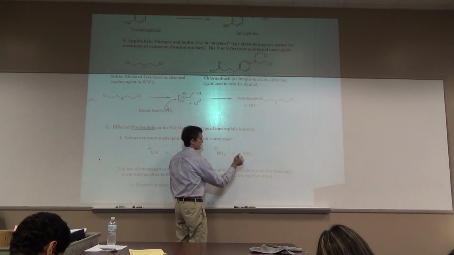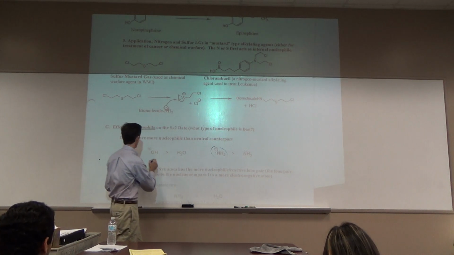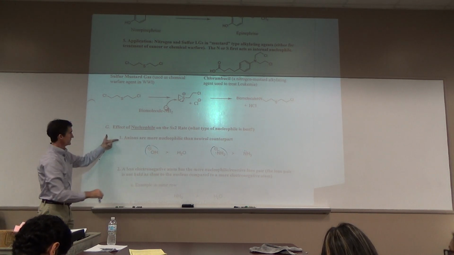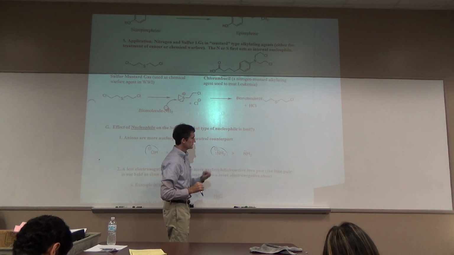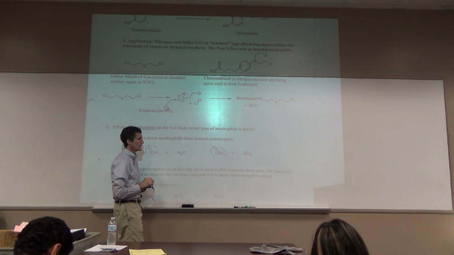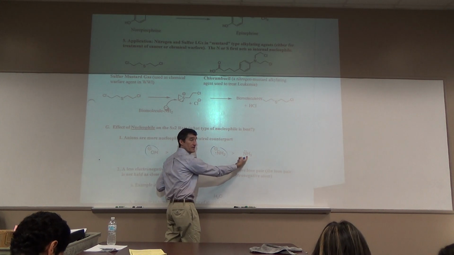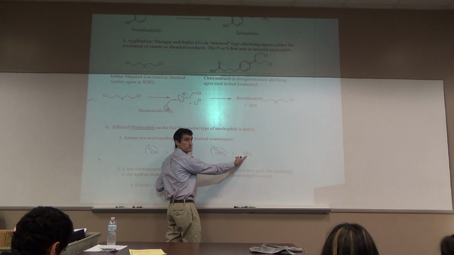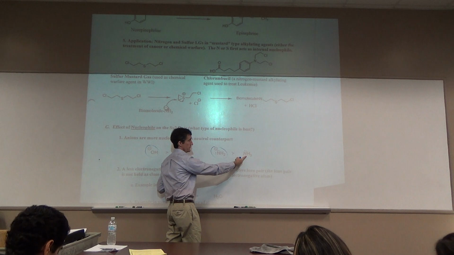What's a stronger nucleophile? Well, this one, right? According to the statement here, the anion is stronger than the neutral. Does that mean that the neutrals are not nucleophiles? They can be nucleophiles. They're just weaker.